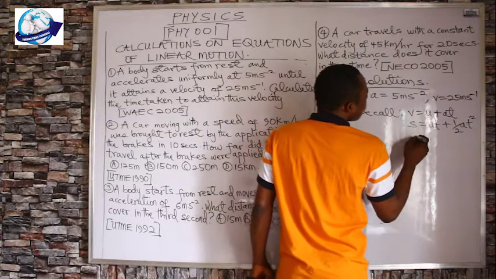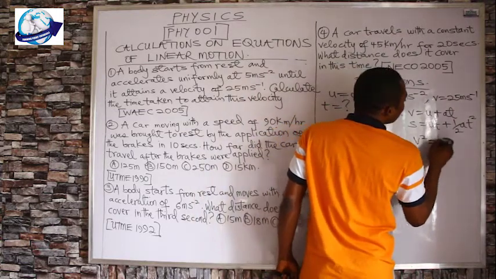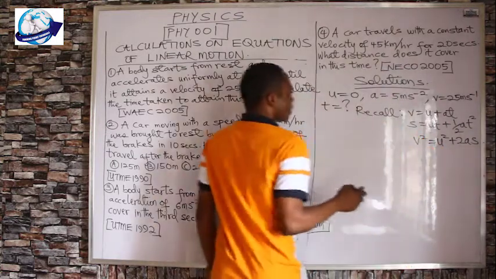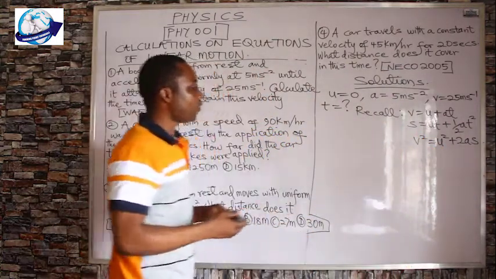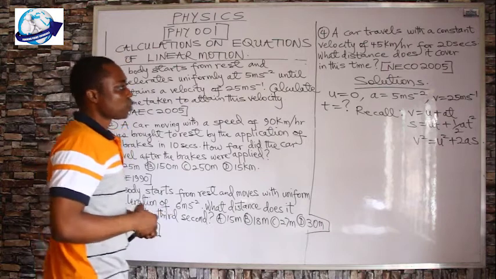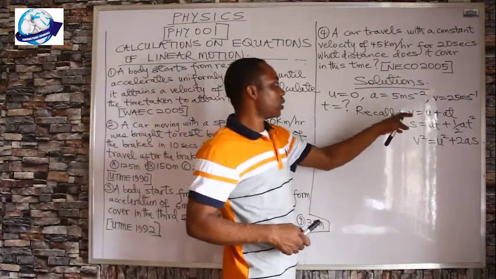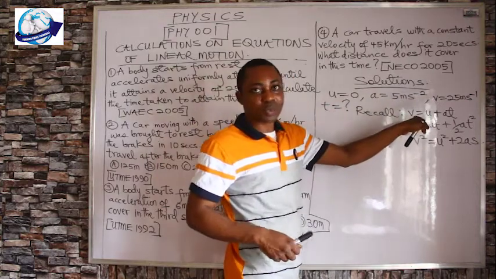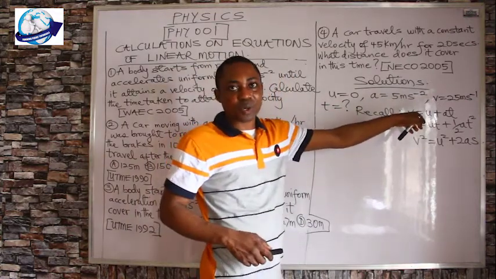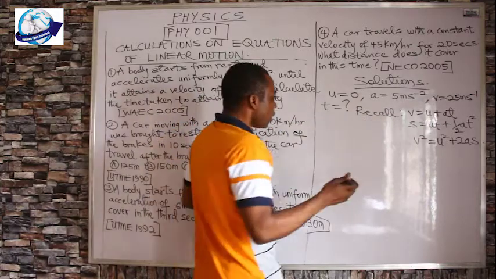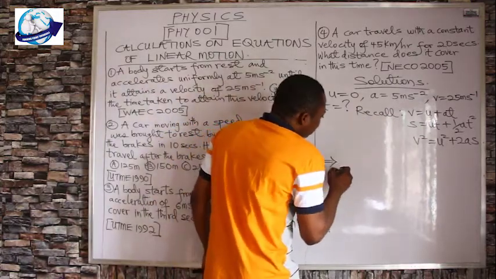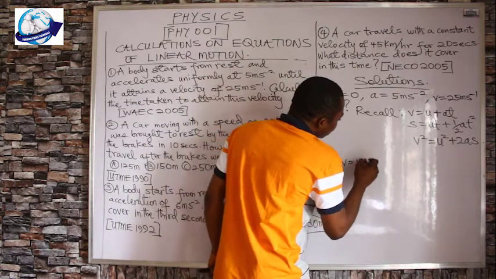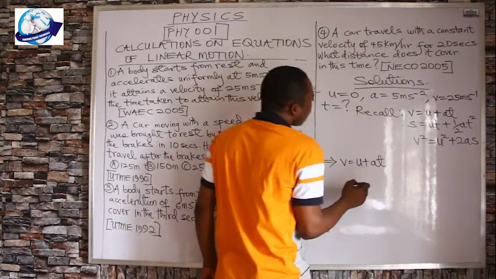Then we also need to remember v squared is equal to u squared plus 2as. Now consider what we have here. For the first equation of motion, the parameters u, a, v, t match with this one. So we're going to make use of this: v is equal to u plus at.